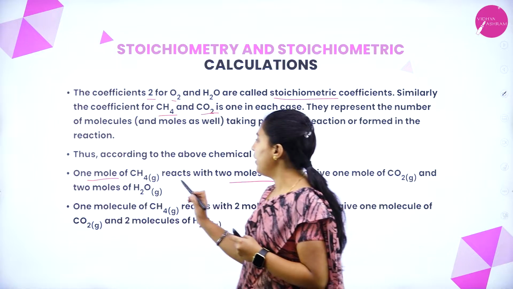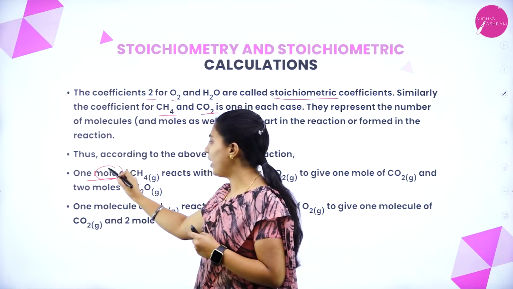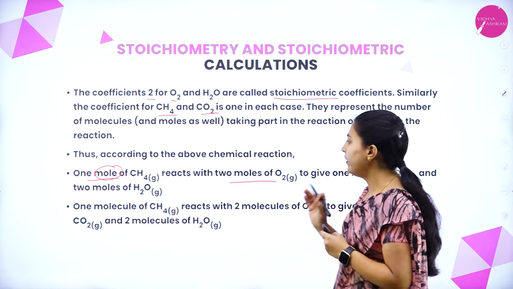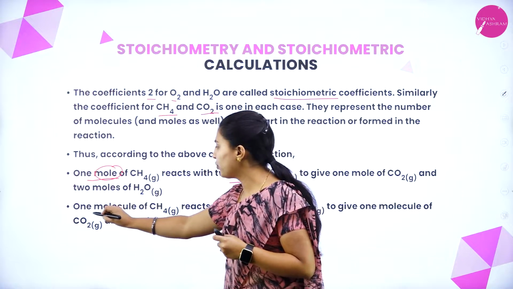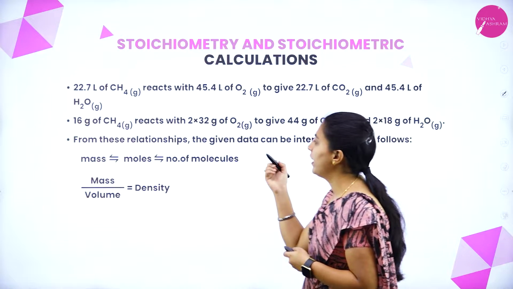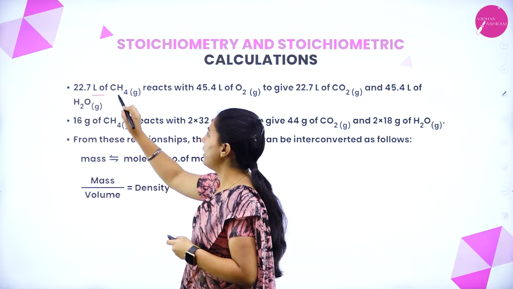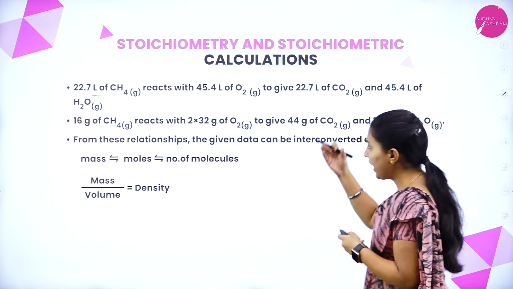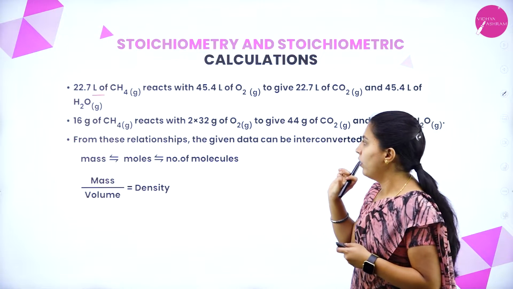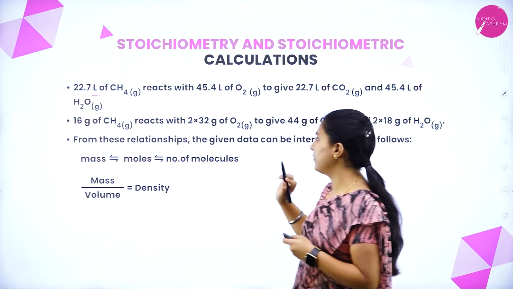If it is in moles, you have to write it like this, in moles. And if it is in molecules, the same thing you should tell in molecules. Or if it is in number of molecules or liters, again you should represent the same thing with the volume. Okay, this is in the mass.